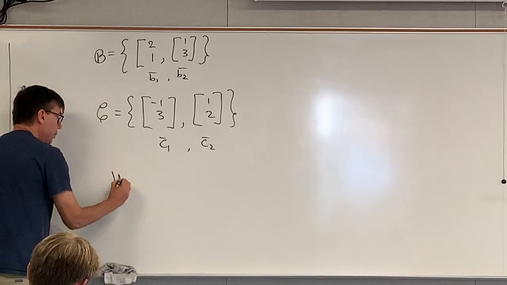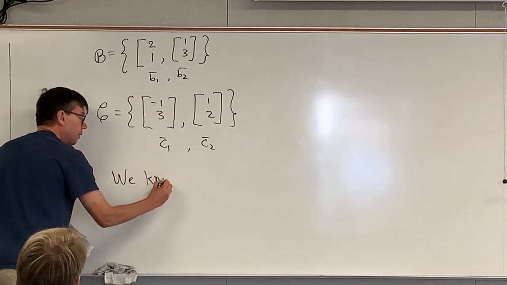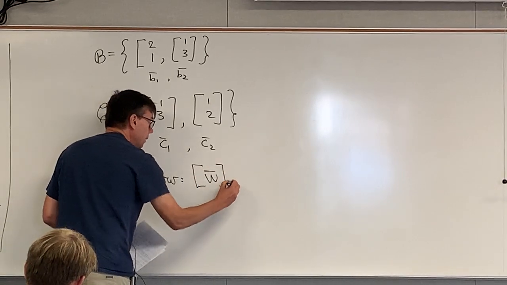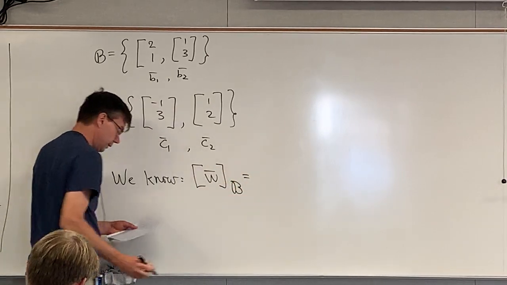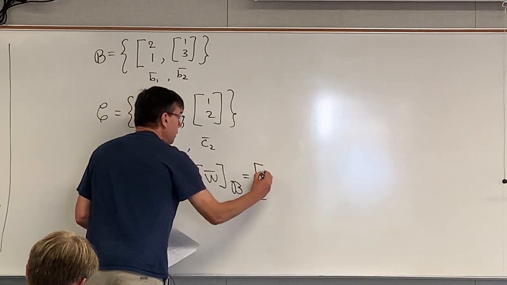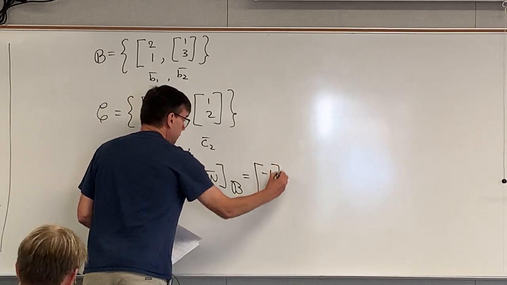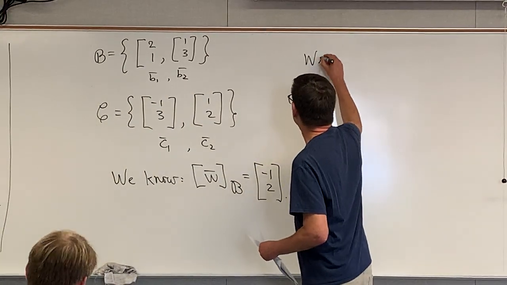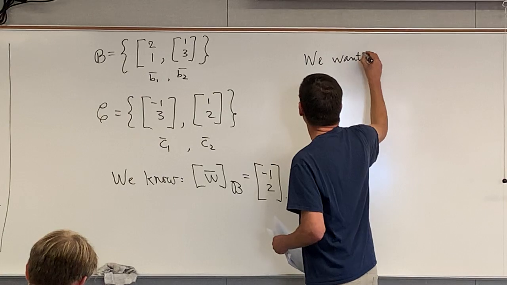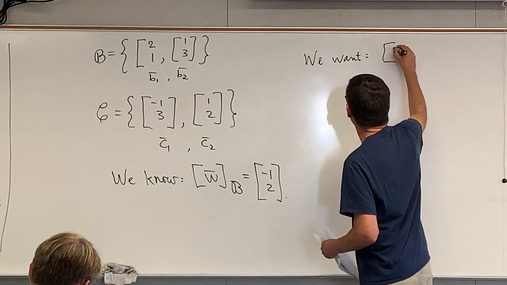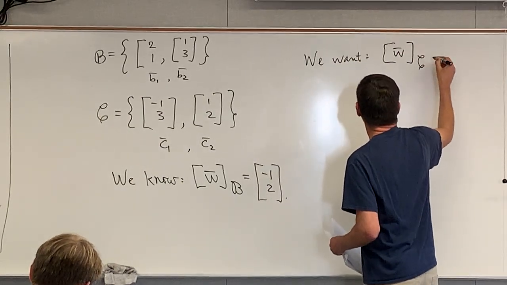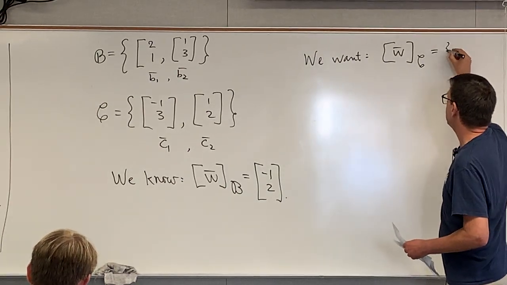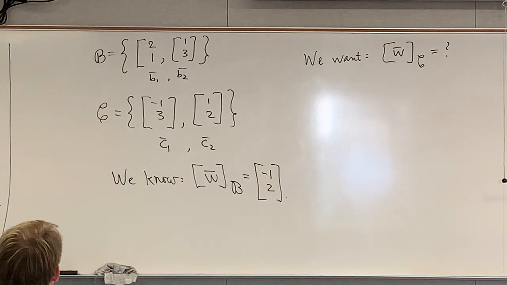And what we know is that the B basis coordinates for W are -1, 2, right? And what we want is what the C basis coordinates of W are.